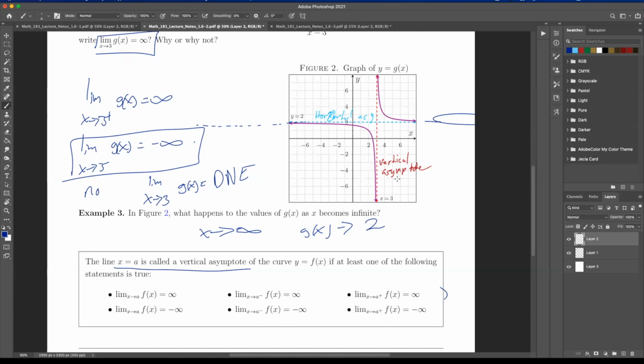So the vertical asymptote in this case, in red, is x equals 3. This is a vertical asymptote. Okay. Then in this case, we'll do the same thing; it's just on the next page. We'll say y equals 2 is a horizontal asymptote. Okay. So let you write that down.